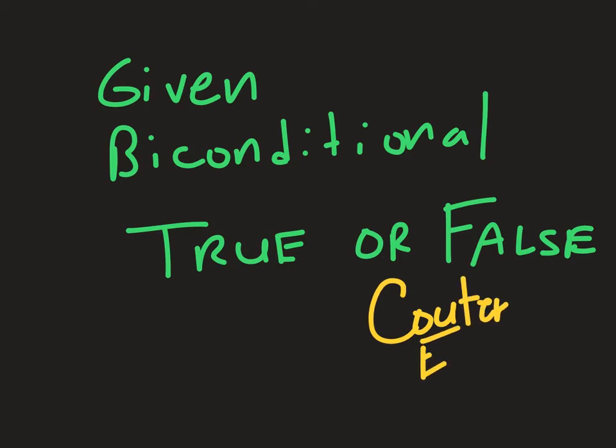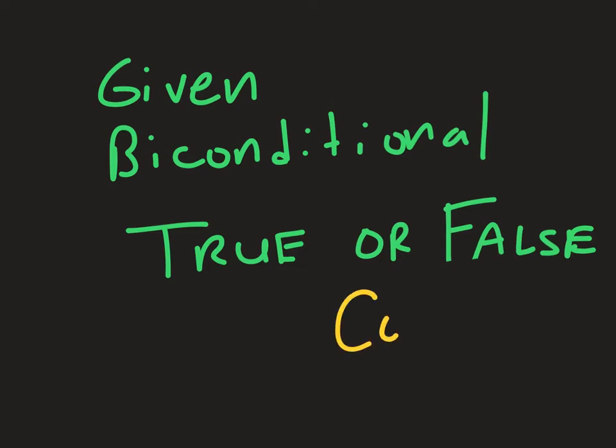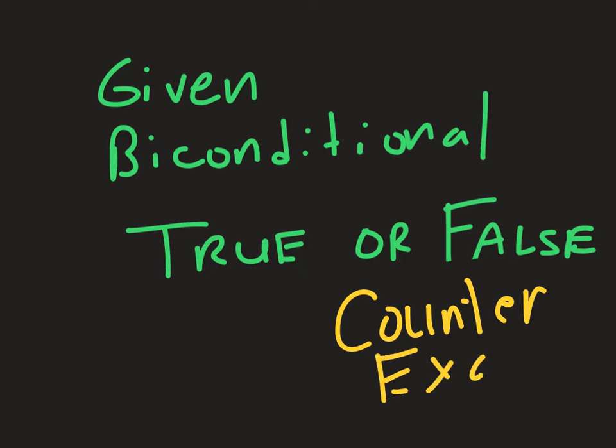So when you look at these, I want you to be thinking, is it possible for you to find some place where it fails? It may work most of the time, but we're looking for a counterexample, some place where it's going to fall apart. And it has to fall apart in one direction or the other or both. But if it's going to be true, it's got to be true in both directions all the time.